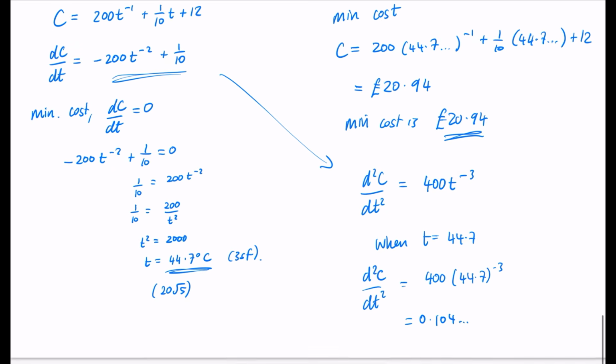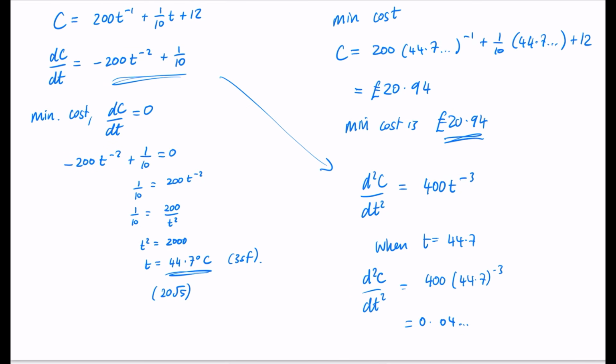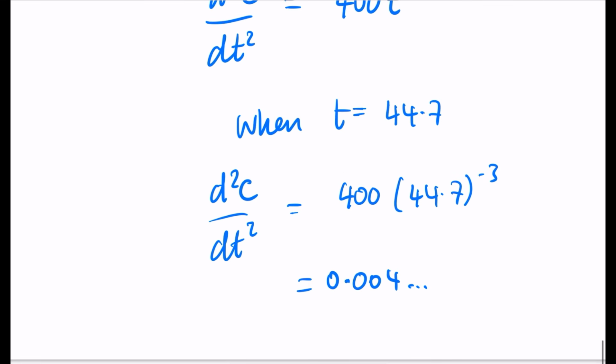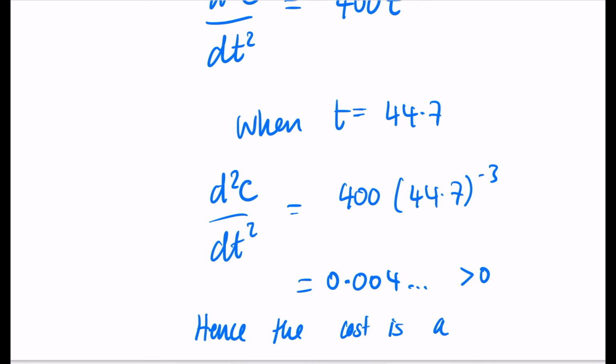Or that. So if I get rid of that 10th, it would just be 0.004 like this. Very silly, not even following my own advice there. Might come up in standard form in your calculator, but that's fine. And we can say that this is greater than 0. Hence, the cost is a minimum.